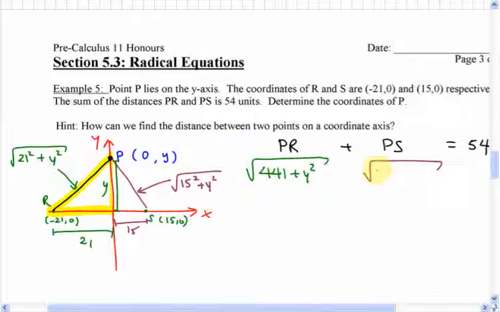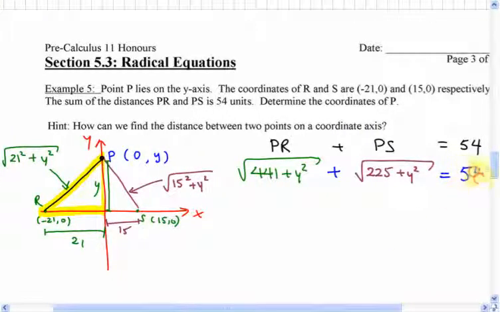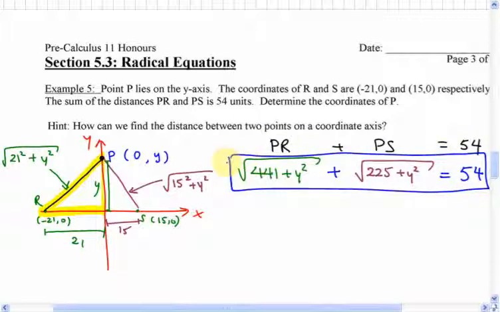And 15 squared is 225. So ladies and gentlemen, here is your equation that describes this scenario. The length of PR, which is the square root of 441 plus y squared, plus the length of PS, which is the square root of 225 plus y squared, and this whole thing equals 54.